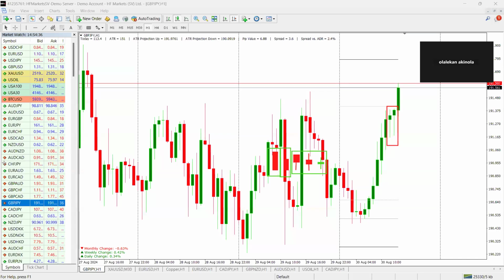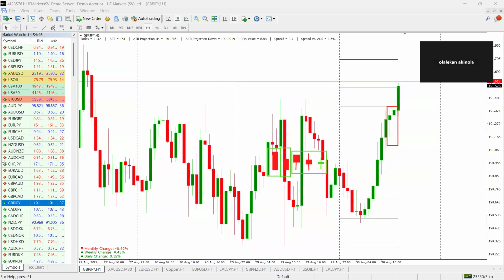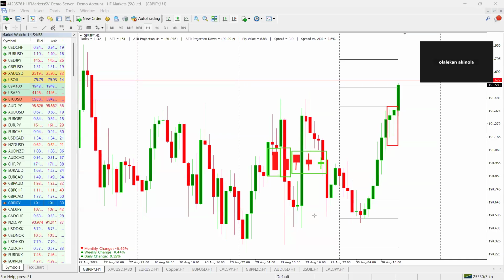Month end flows can always cause this to happen. So you will see profit taking happen. You can see price begin to push beyond levels that it wouldn't normally have pushed beyond in a normal day. That could be an answer to this. But even still, if you had entered the sell, your stop loss has been taken out. You wouldn't be there when it's coming back down. It has taken out your stop loss.